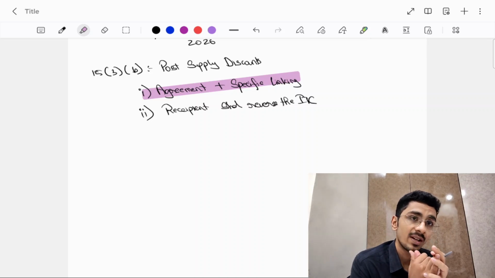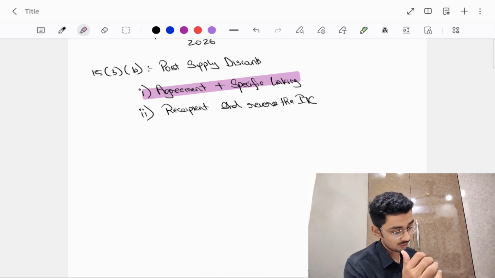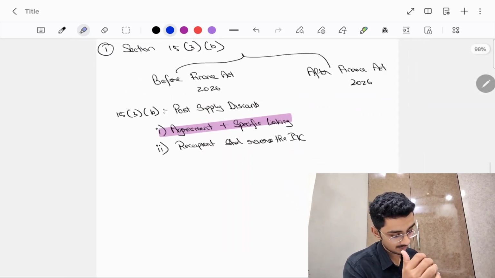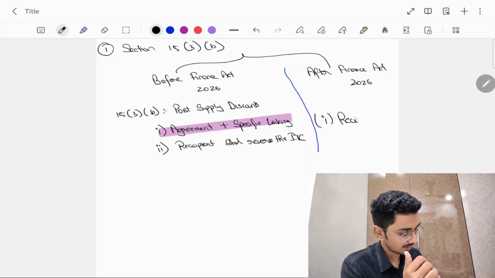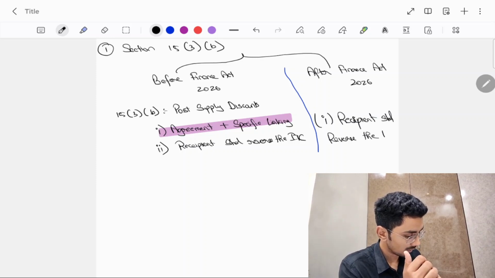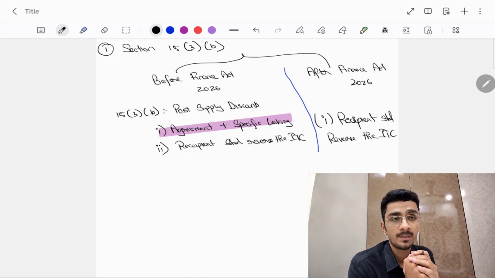Now, post Finance Act 2026, this one particular condition has been removed. If you take the revised provision after Finance Act, there is only one condition, that is the same: recipient should reverse the ITC part.